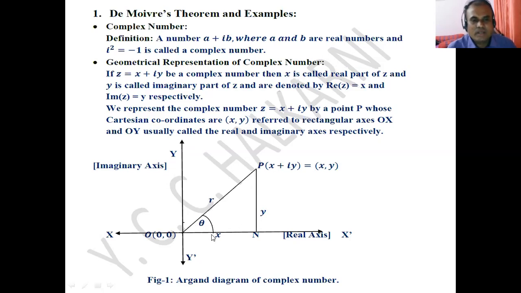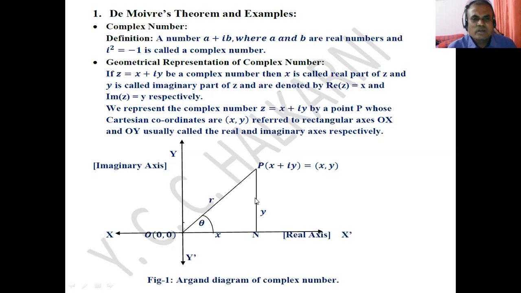Now cos of theta, by the trigonometric formula, is equal to the ratio of ON divided by OP, and therefore cos of theta is equal to x upon r, and therefore x equal to r cos theta. And sin of theta is equal to the ratio of PN and OP. So sin of theta is equal to y upon r, and y equal to r sin theta.